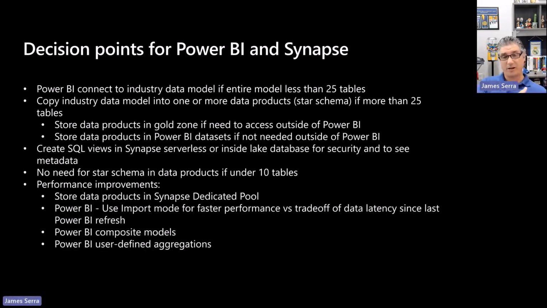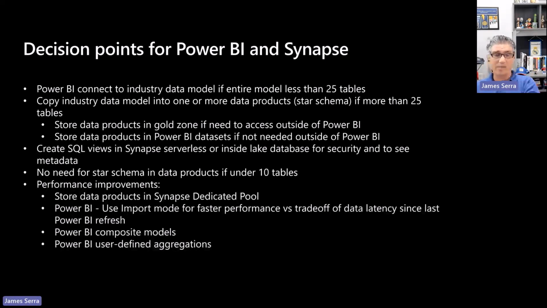So then it gets into, okay, I'm going to create this star schema. Where do I store the data for the star schema? So I have third normal form data. I need to copy it into a star schema. If you're familiar with the medallion architecture in the data lake, you have bronze, silver, gold. I could take the data that could be in the common data model in the silver zone, and then I can copy it into a gold zone in star schema.